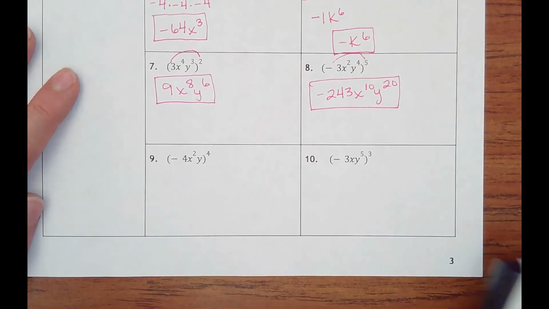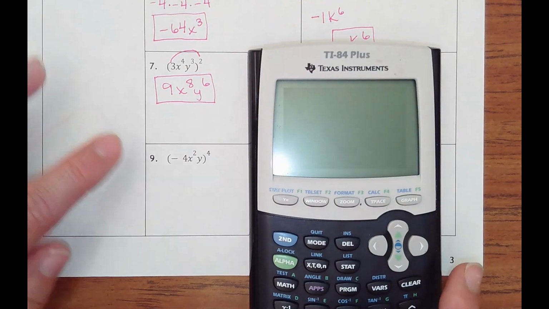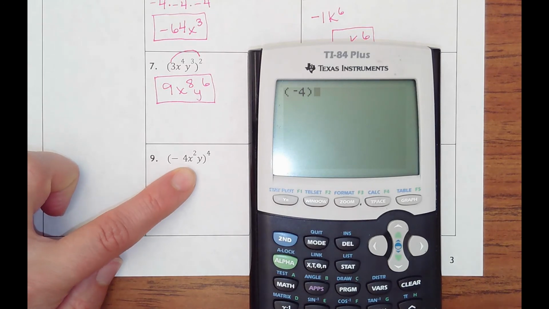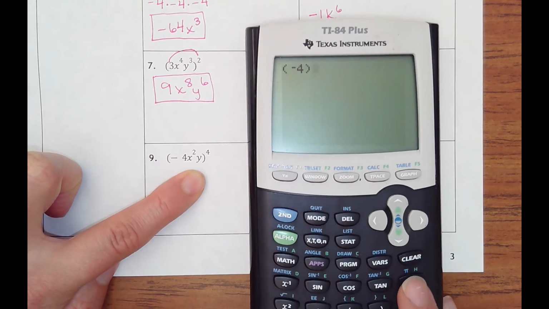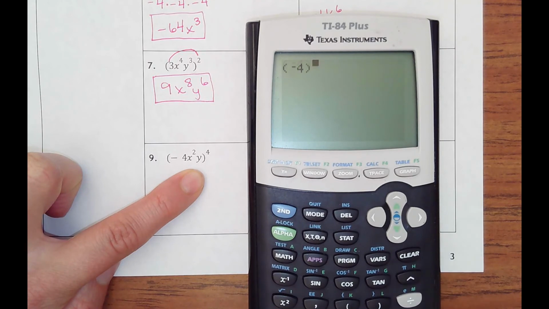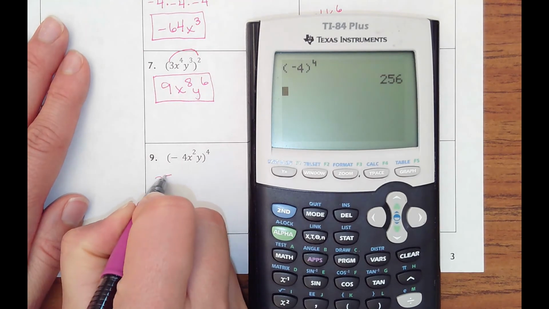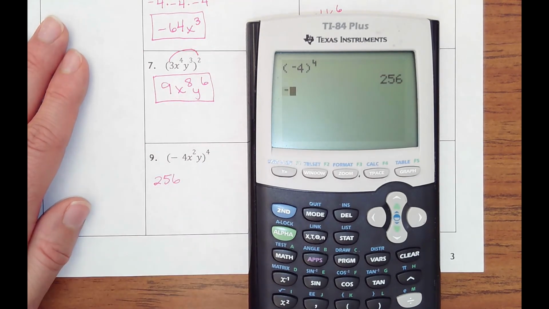Okay, on number 9, this is another good lesson: you have to put your -4, I didn't do it, in parentheses, and then your little up arrow key right here under the clear button to the 4th power. It should be a positive. If you did not get a positive 256, then you put it in without the parentheses, and that's wrong.